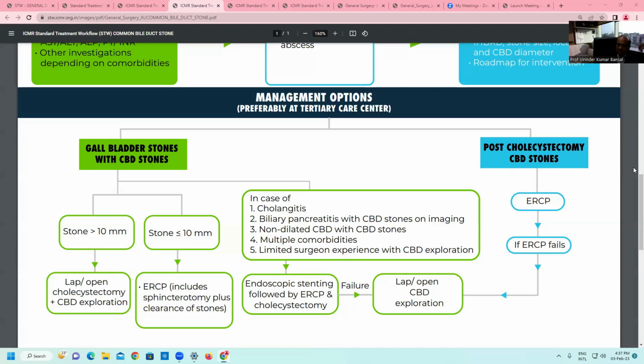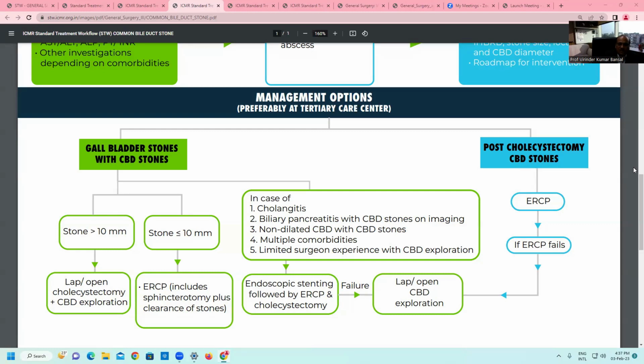For patients with gallstones and CBD stones, I think now the literature is very clear that if the CBD diameter is more than 10 millimeters, then a single stage procedure of a laparoscopic or an open cholecystectomy and a CBD exploration is the best procedure. But if the diameter of the CBD is less than 10 millimeters, actually there is a discrepancy here, Dr. Ashu.